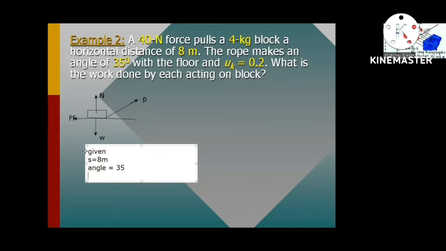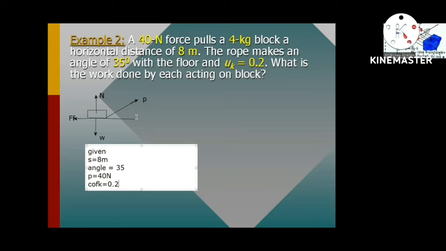Another given quantity is P, the applied force, which is 40 newtons. And there is another given quantity, the coefficient of kinetic friction, which is 0.2.